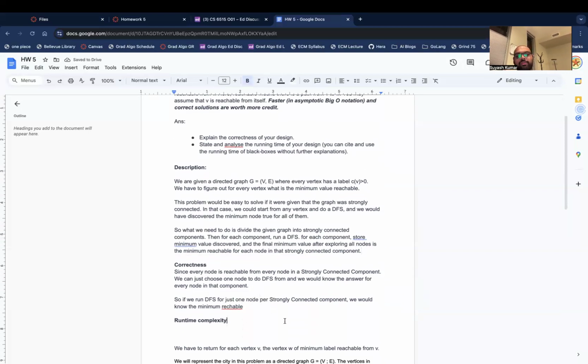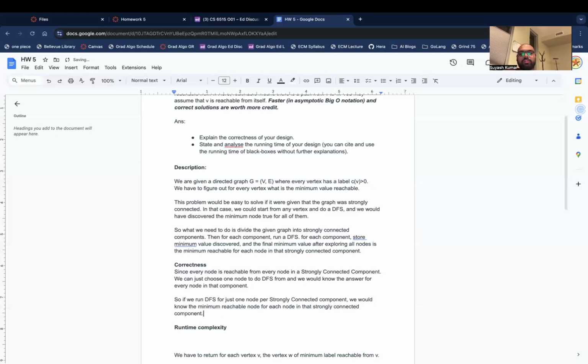So if you run DFS, we would know the minimum reachable for each node in that strongly connected component. Now just do it for every strongly connected component.